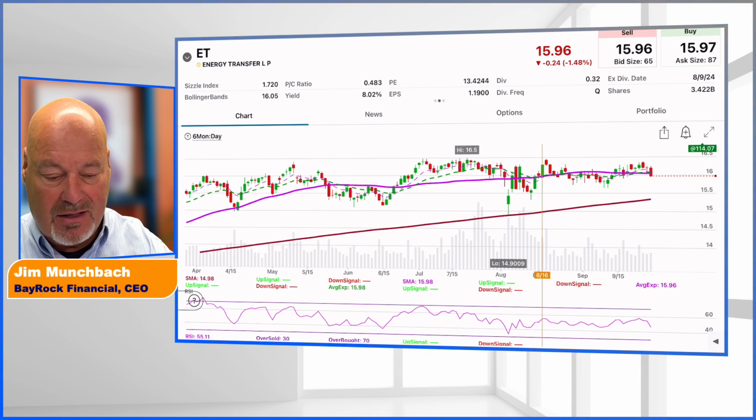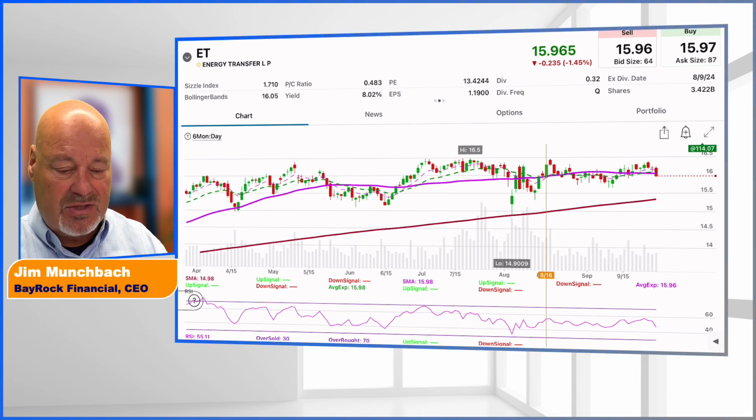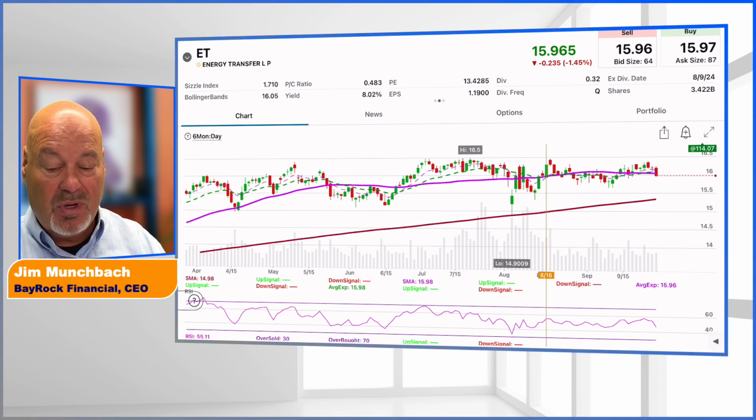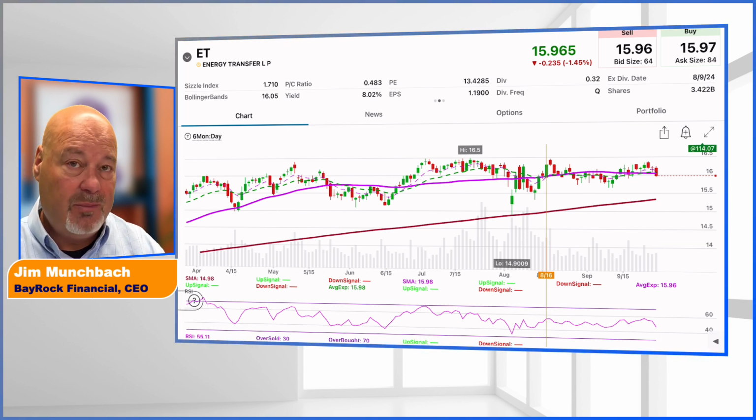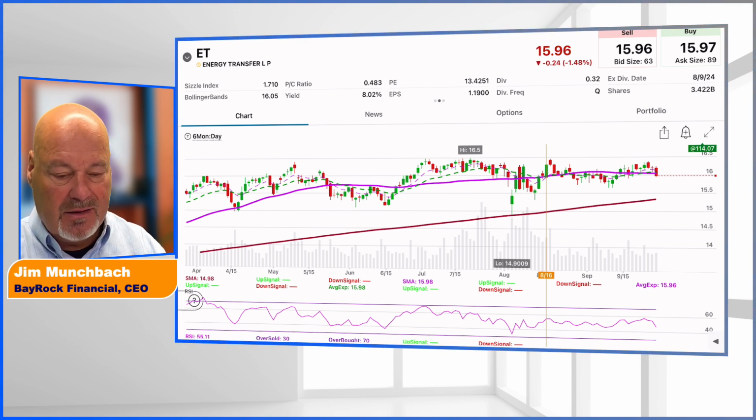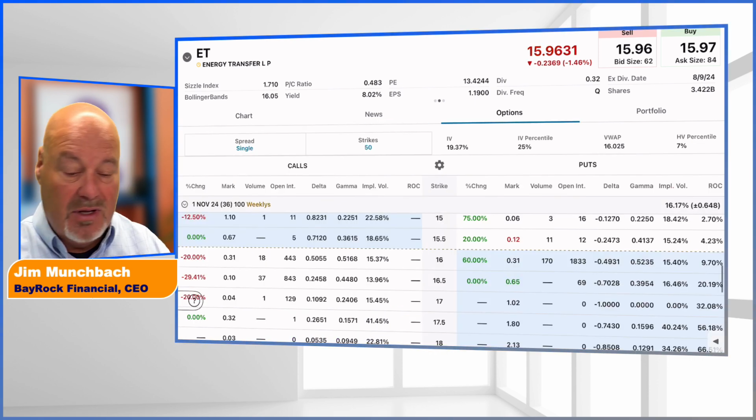So on a stock like Energy Transfer, there will come a day when we can make a really good deal and load up on this stock. And at that time, we might even want to do puts.